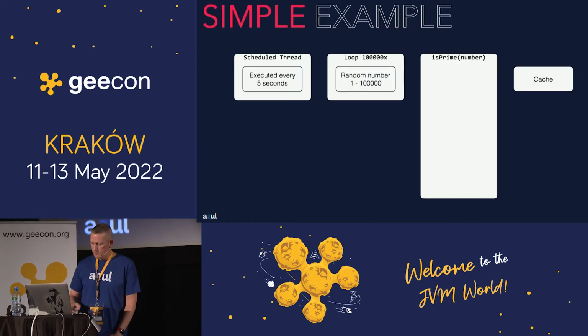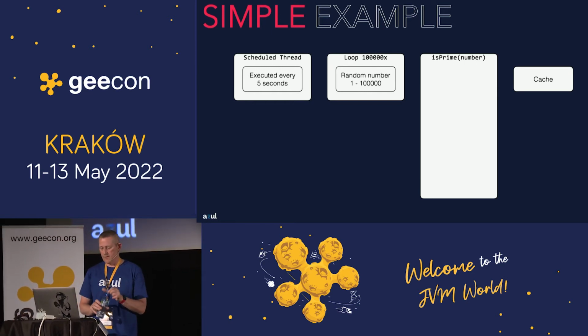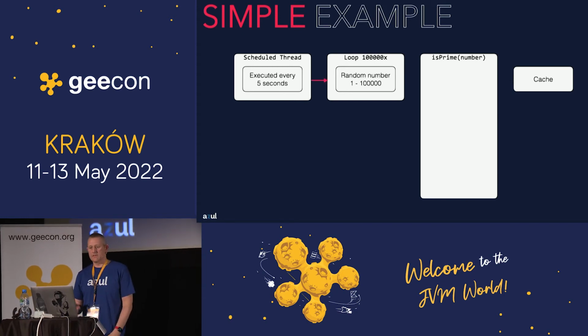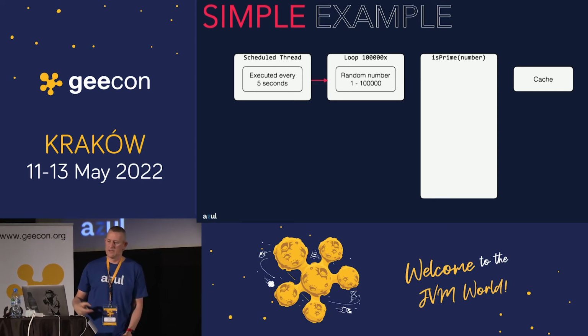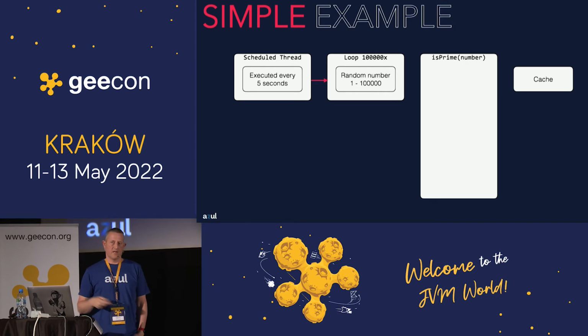So let me give you a simple example. I created some code. It's a scheduled thread, and it will be called every 5 seconds. What it does is, it goes through a loop. This loop runs 100,000 times and checks 100,000 random numbers to see if they are prime or not.